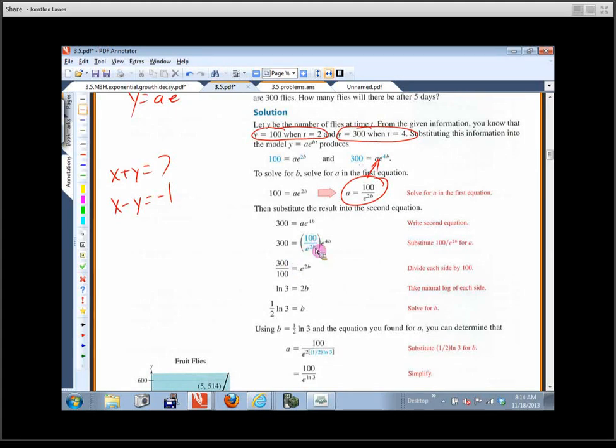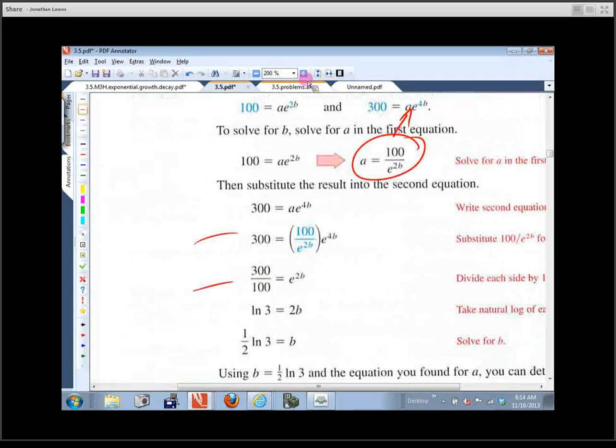So let's see. How did they get from this line right here to this line right here? Anybody know? Did you look at it long enough to figure it out? Okay, what'd they do? They divided by 100, and what else?